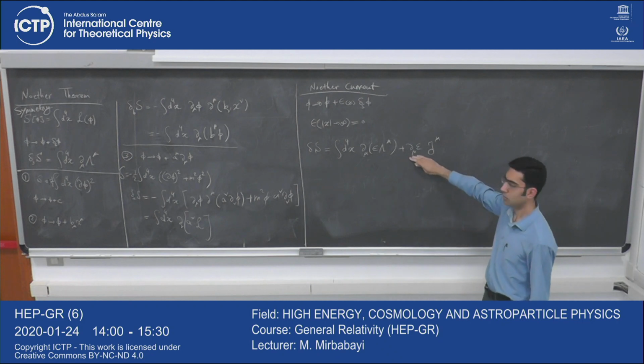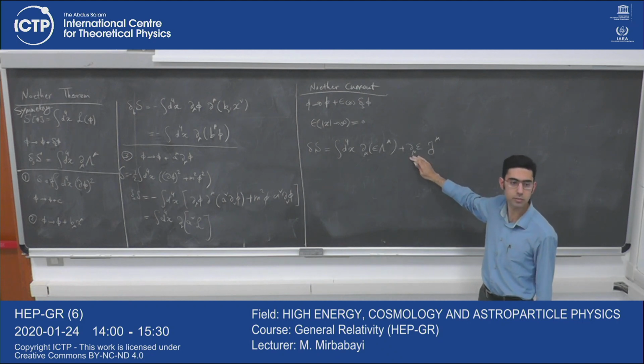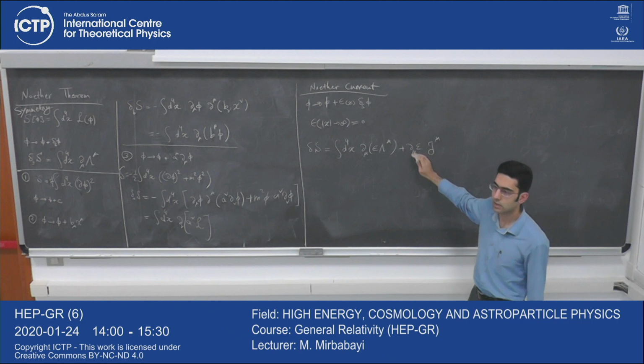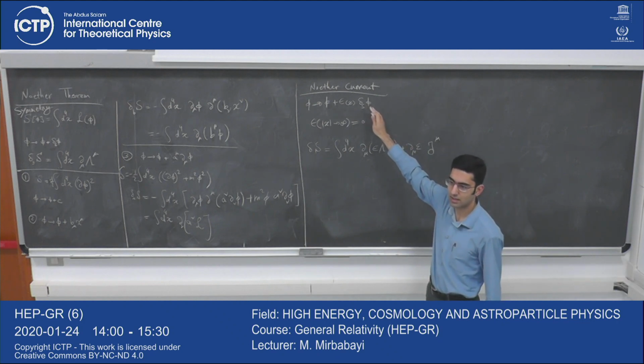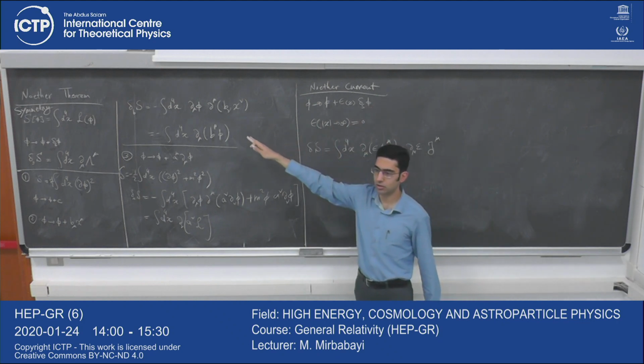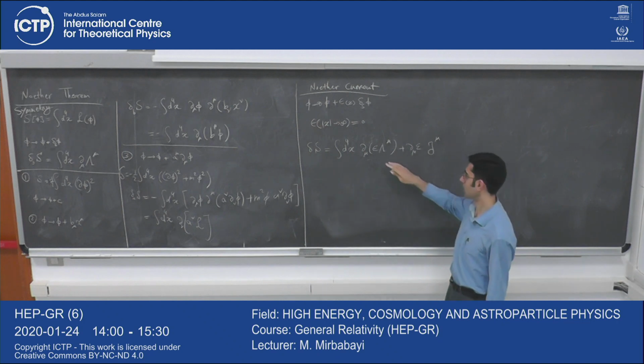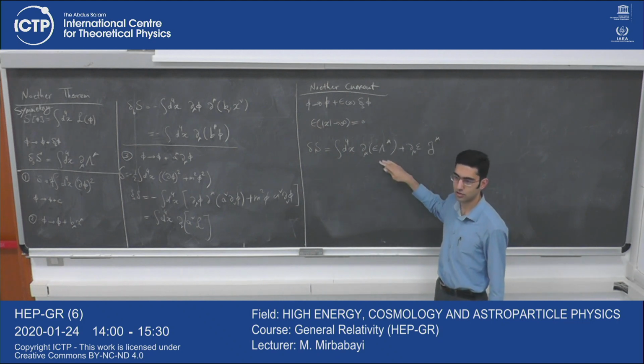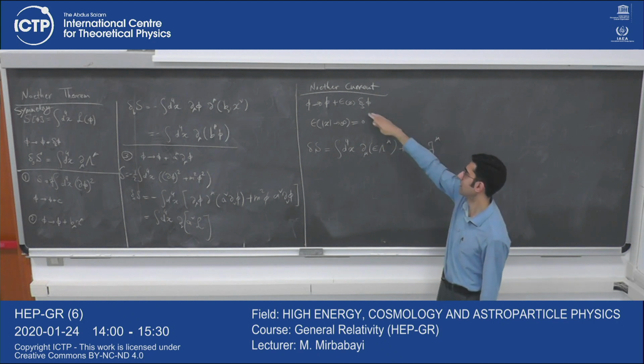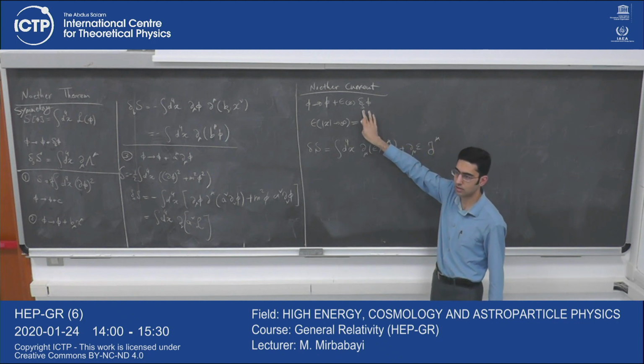Why should it be proportional to d mu of epsilon? Because if epsilon was a constant, I would go back to the original case. So I would need to get just the total derivative, just by the fact that this original transformation was a symmetry.